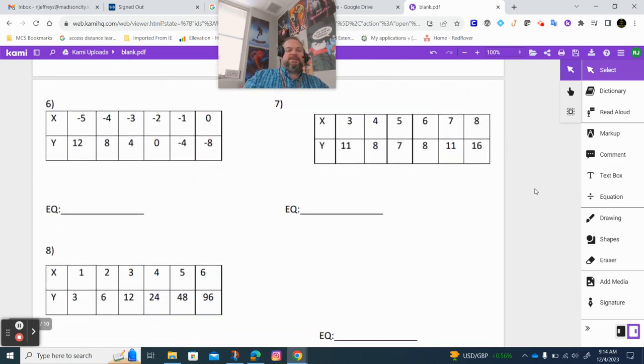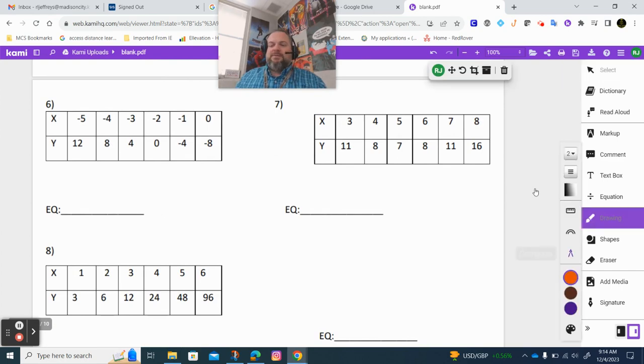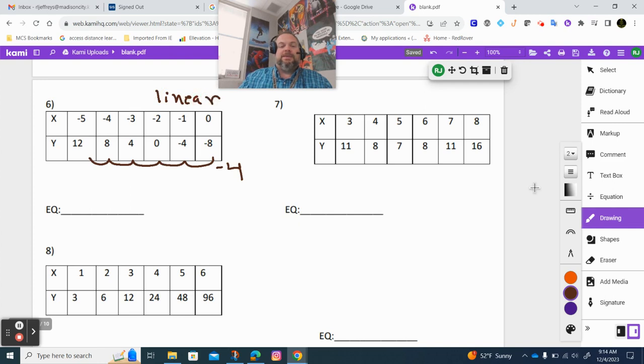Number 6. Well, let's look at our y values. Oh, it looks like they start repeating, but they don't. Yep, this is subtracting, which means this is linear. So y equals, this would be our m, negative 4x.